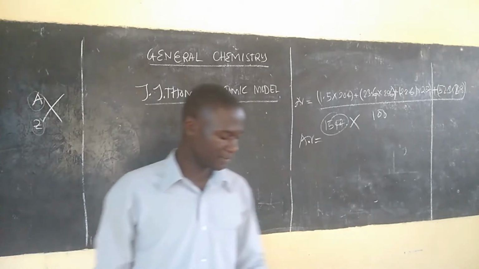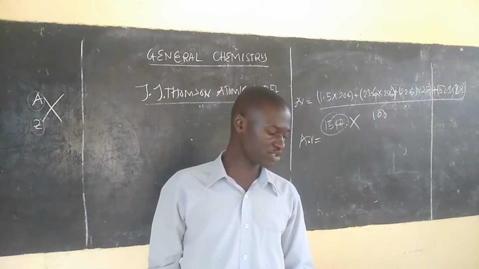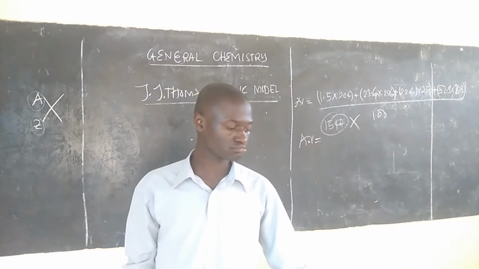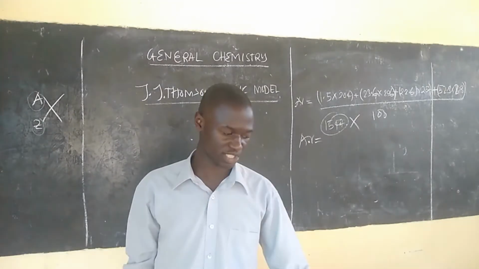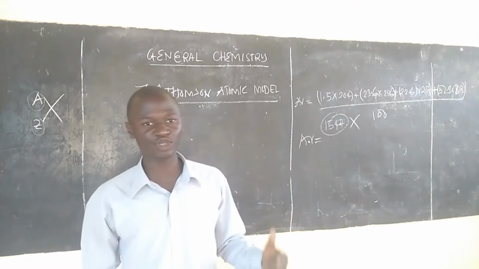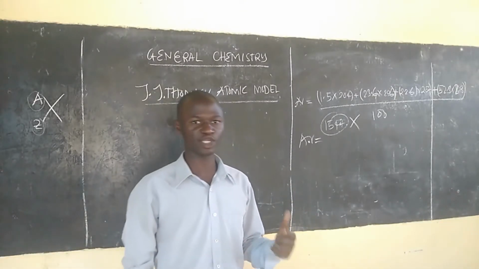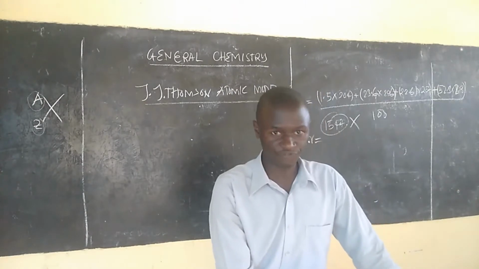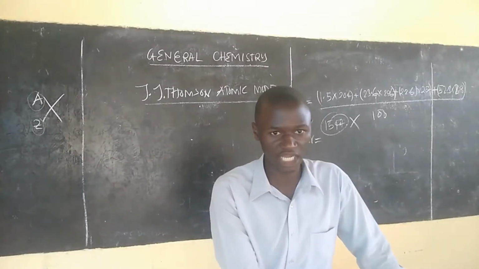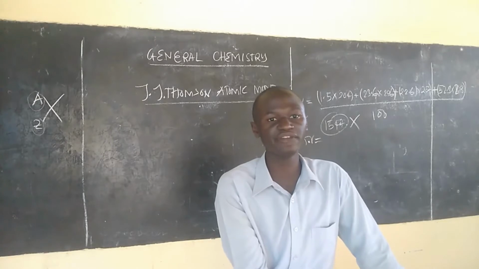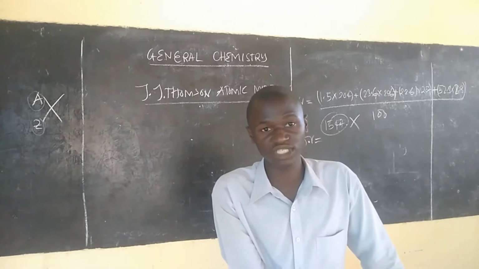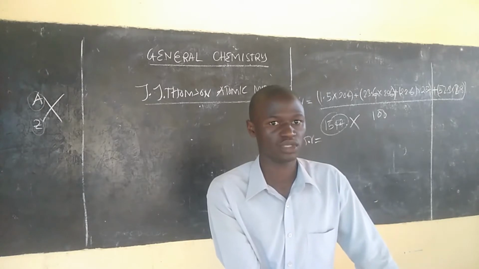Now let's see first about the experiment of J.J. Thomson, and then finally what is suggested about the structure of an atom. We already discussed the J.J. Thomson experiment about the discovery of electrons, and he was the first person to discover that the atom is divisible, because he was the first person to discover subatomic particles.